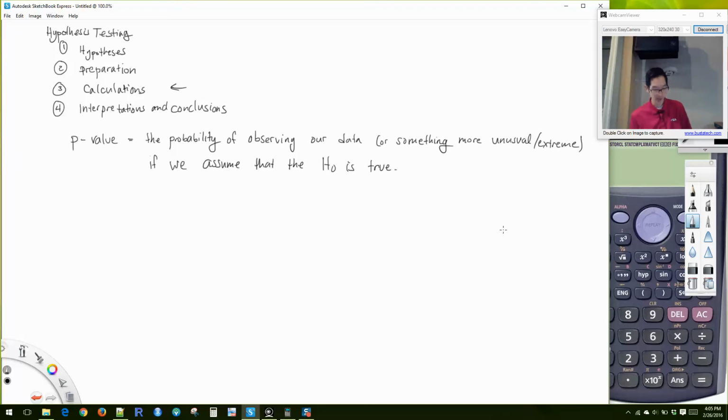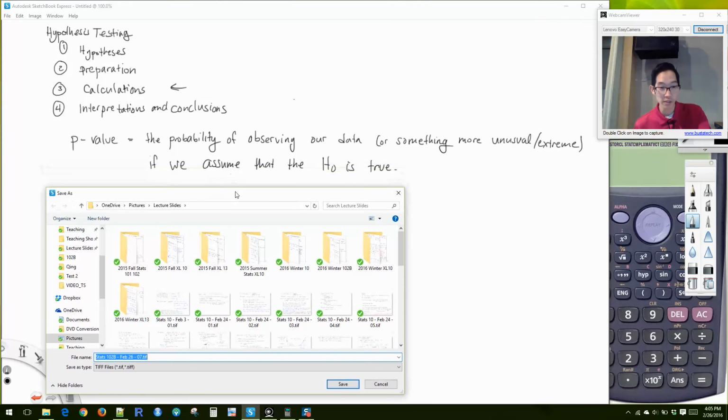Okay, so this is our definition of the p-value. Let me save this.